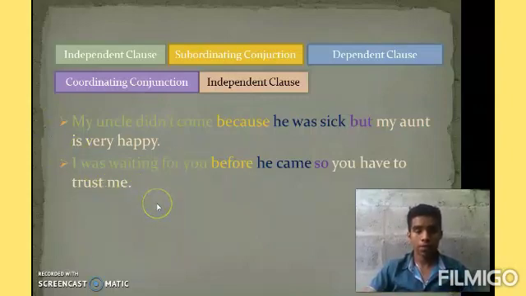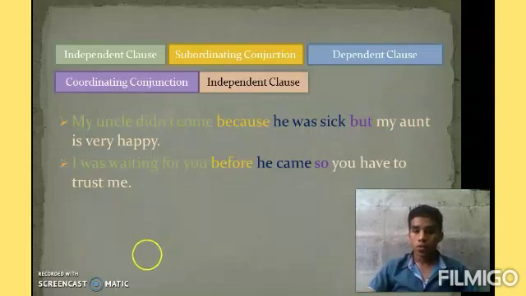Then we have the other example, which is: I was waiting for you before he came, so you have to trust me. I was waiting for you is the independent clause because it can stand alone, since it is expressing a complete thought.